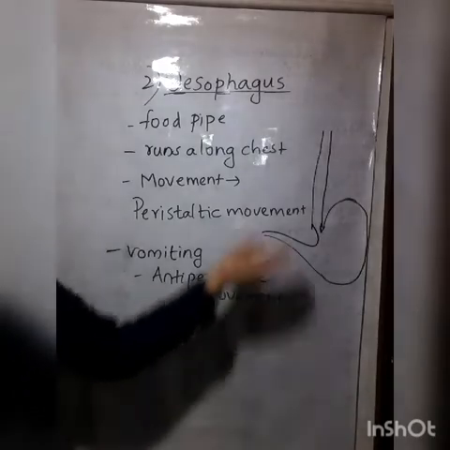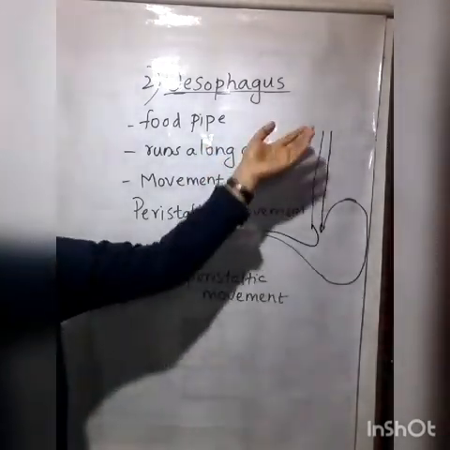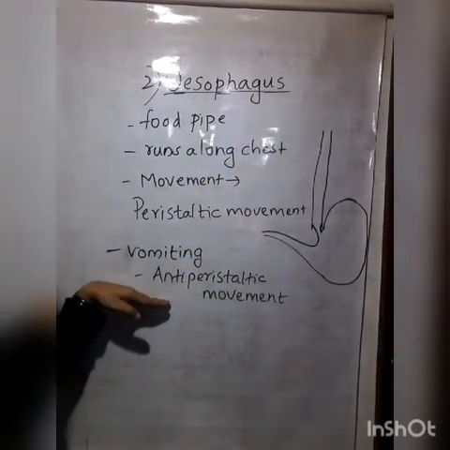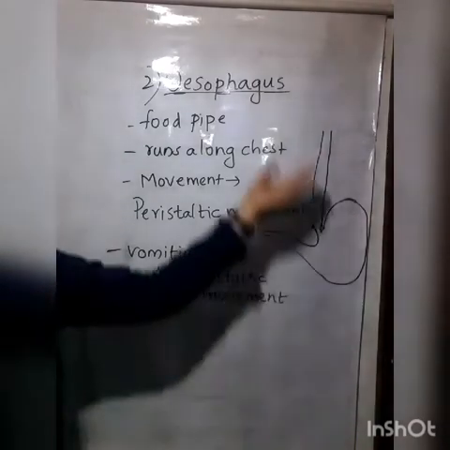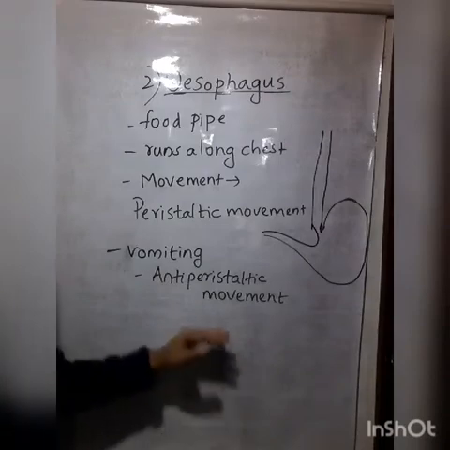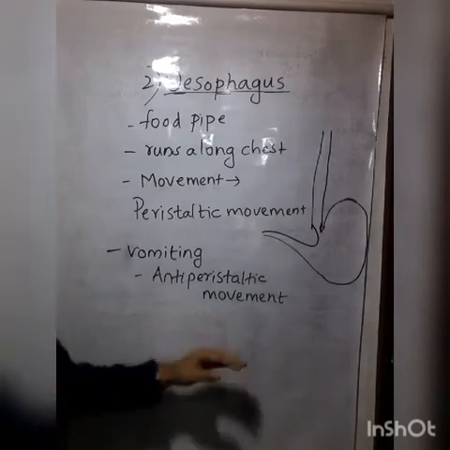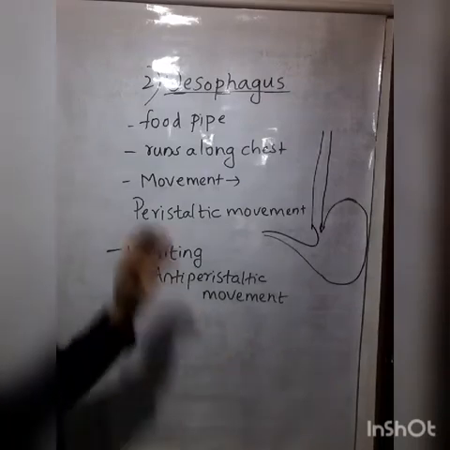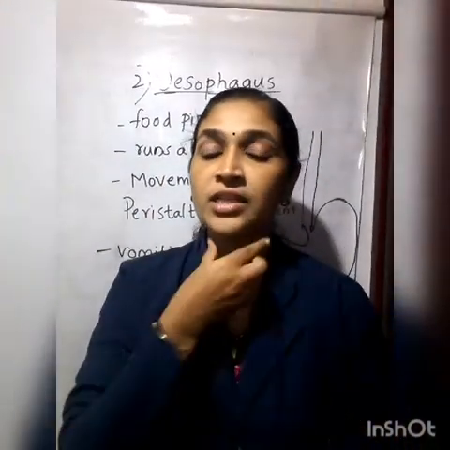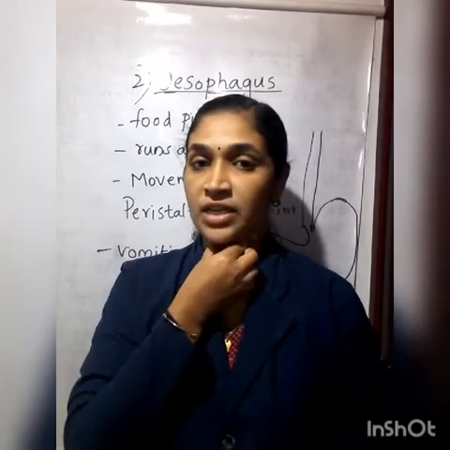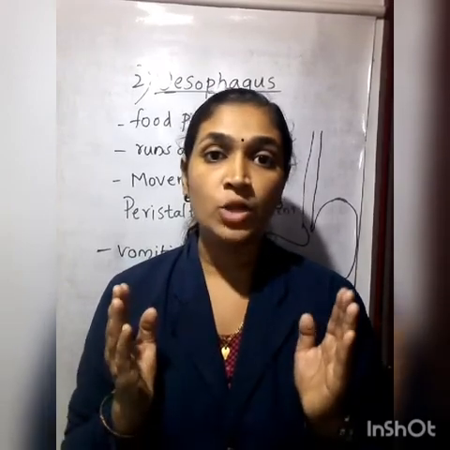The food pushes upwards, and that upward push we call anti-peristaltic movement. Hope you understand what is esophagus. Esophagus is a pipe-like structure starting from the buccal cavity, and it opens into the stomach.